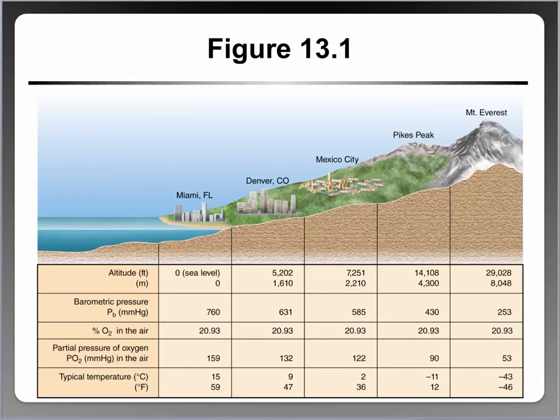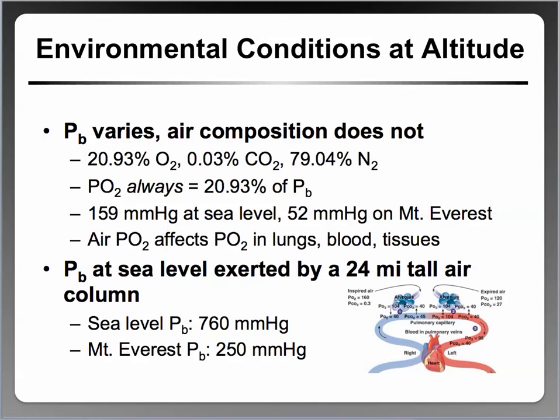So if we're looking at Miami, Florida, which is at sea level, and basically you take a look straight up above it, you've got 24 miles of atmosphere, 24 miles of oxygen, carbon dioxide, and nitrogen molecules pressing down upon it, creating the partial pressure that is 760 total, or a partial pressure of oxygen of 159.